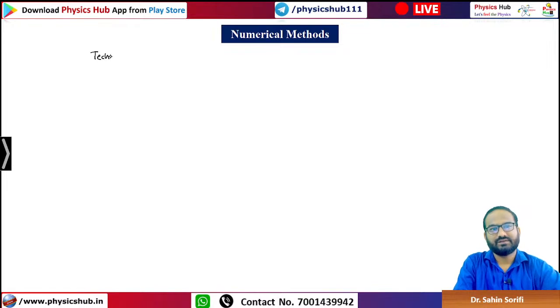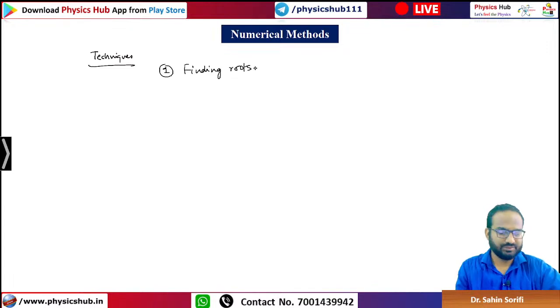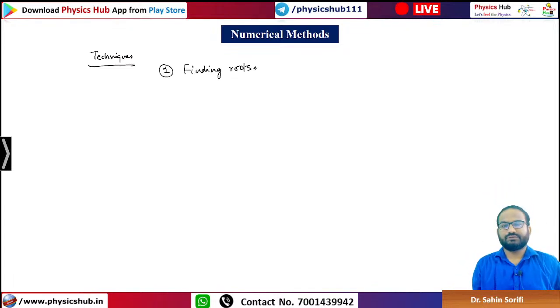So the techniques include, firstly, finding roots by using numerical methods.